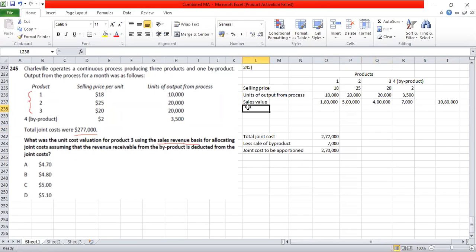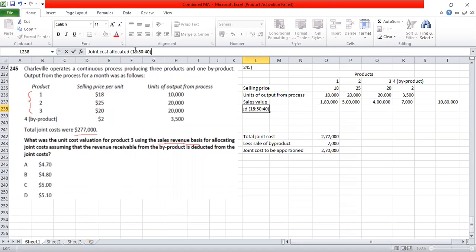So let's write joint cost allocated. What's the ratio? The ratio is 18 is to 50 is to 40.